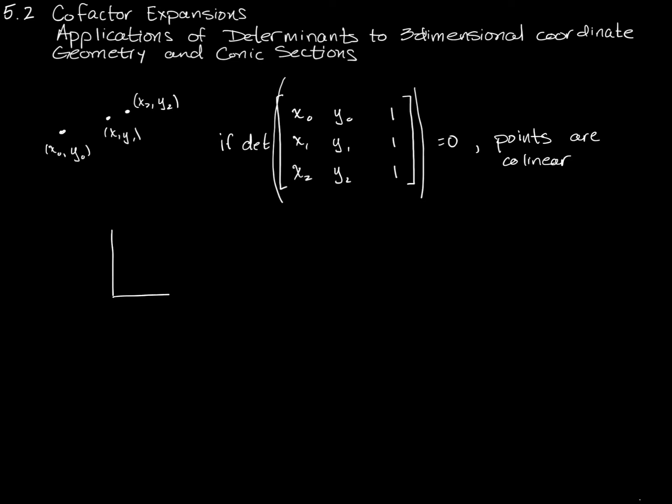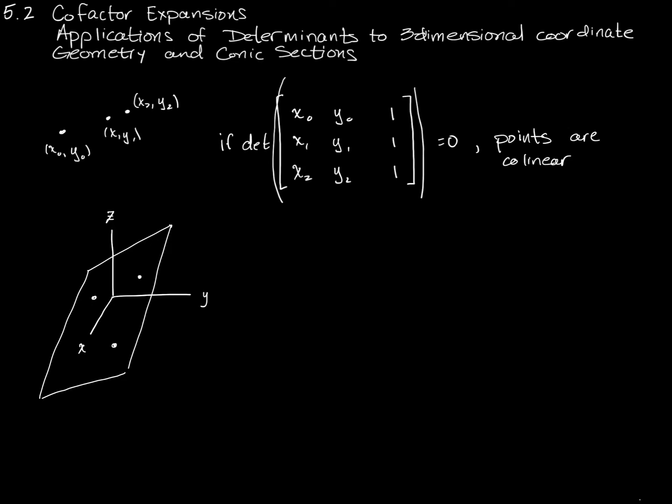I have a set of X, Y, Z axes here, and if I draw a plane floating in space, then 3 points, no matter where they are floating in space, will go through a plane. They may not go through that plane, but they go through a plane. Normally you draw the points first and then draw the plane that goes with it, but I can't draw, so this is the best I can do. So any 3 points floating in space will have a plane that goes through them.